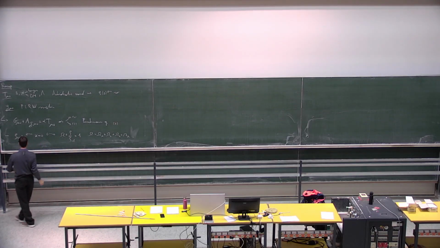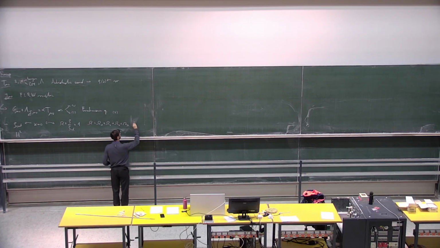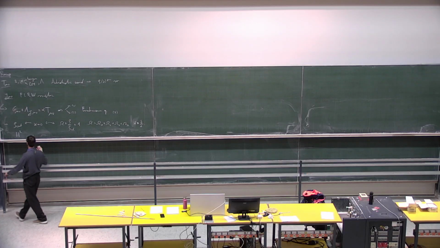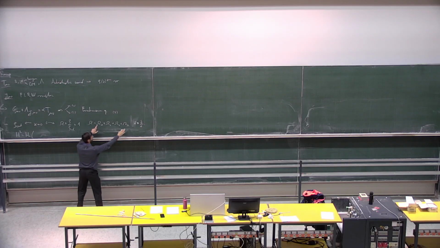And having introduced these quantities, our Friedmann equation boils down to the Hubble parameter, or the Hubble function, better to say, which is defined as a dot over a. So it tells us about the velocity at which the universe is expanding. And that's given by a normalization constant, H naught, which is this quantity evaluated at now, at redshift 0, times all the other components that are coming out from here.